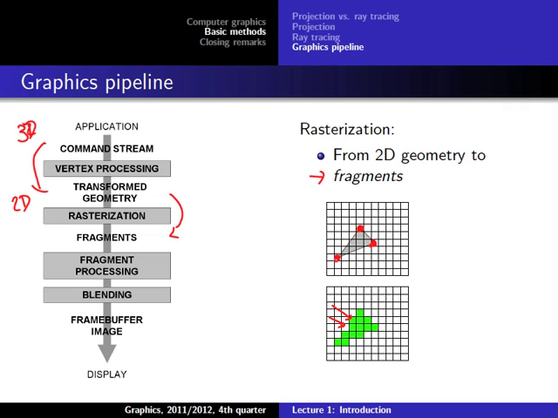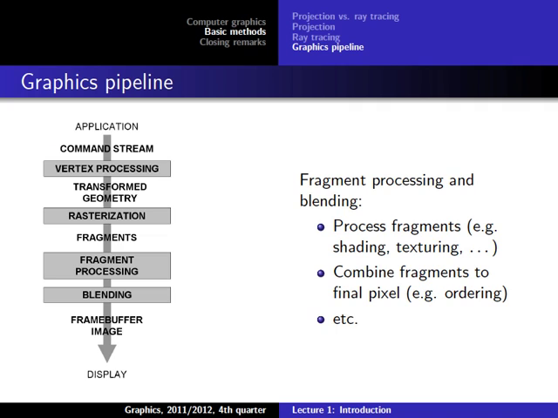Good, and this is then the processing of the fragments, which I just explained, called fragment processing, which is the last step in our pipeline: processing the fragments, deciding which is in front, deciding how exactly they look. So we do more shading in this situation, and we also do something called blending, which is basically combining different fragments into one final pixel.